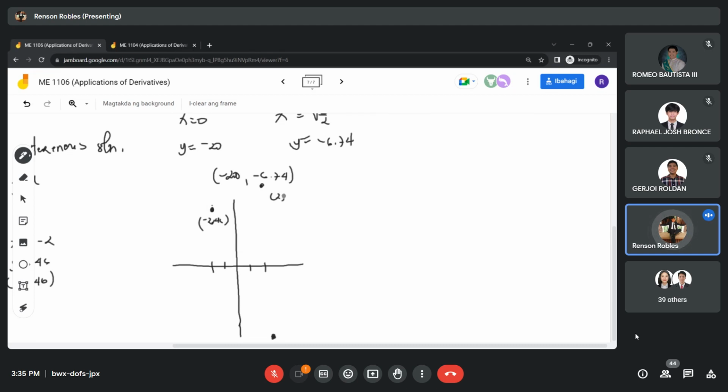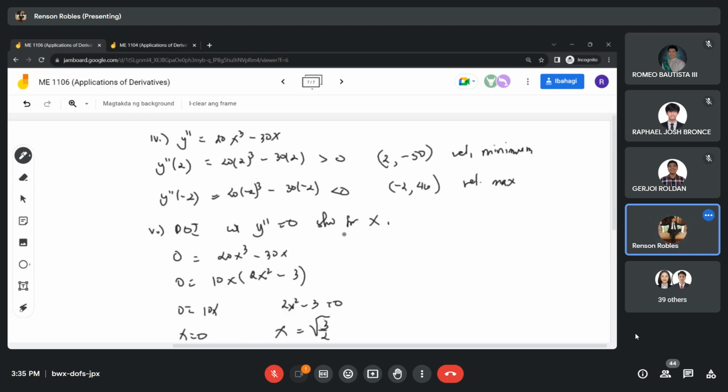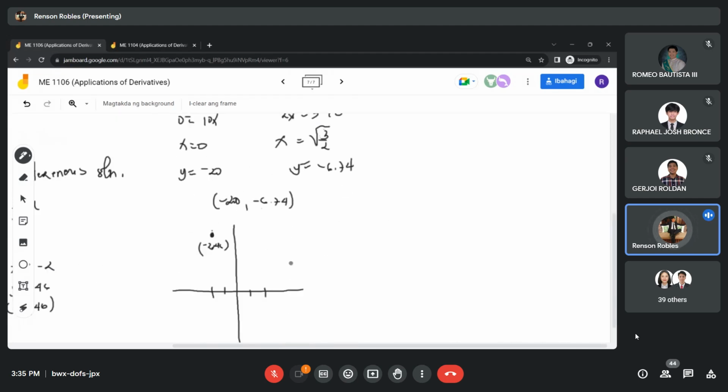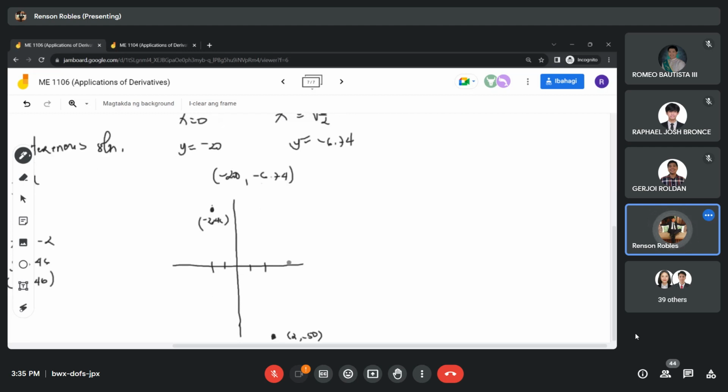And the other point is (negative 2, 46). Let's say it's here. And then the point of inflection is around (0, negative 20) and (square root of 3 over 2, negative 6.74).